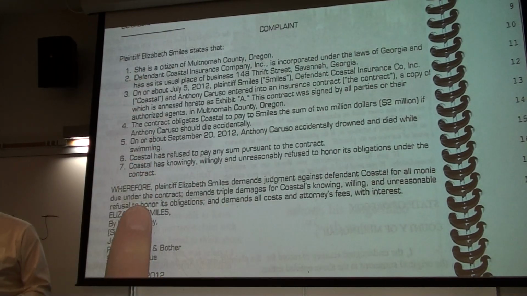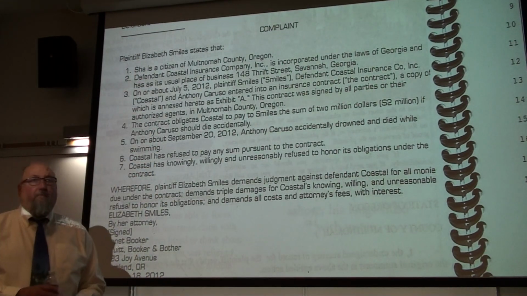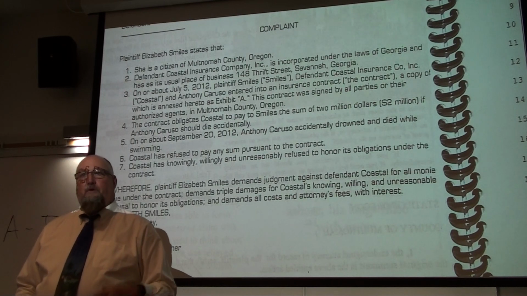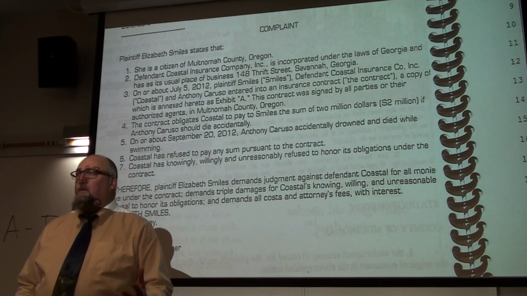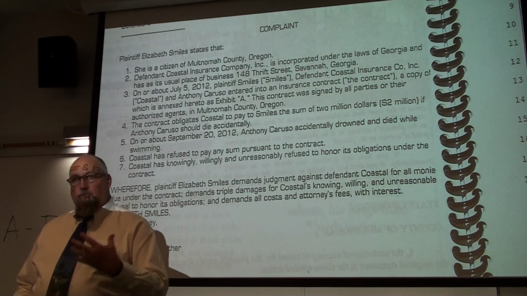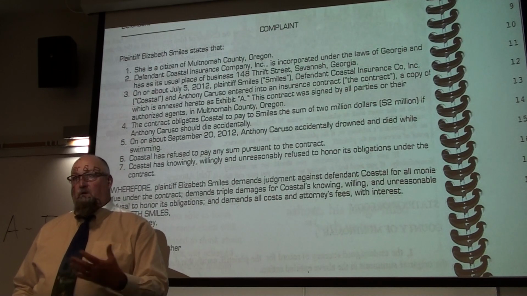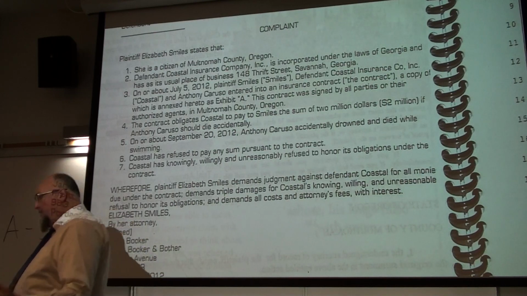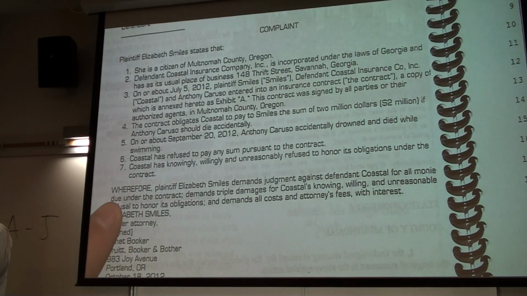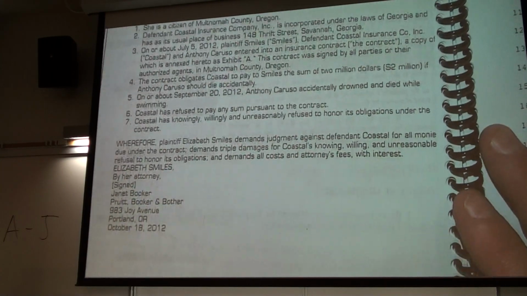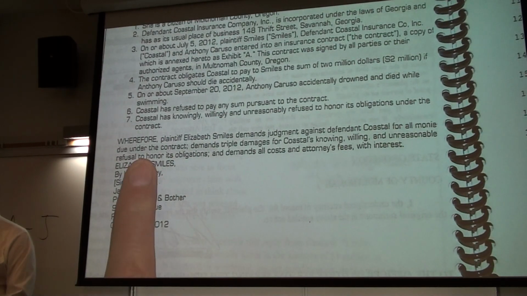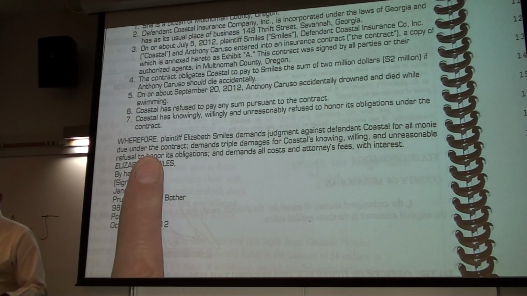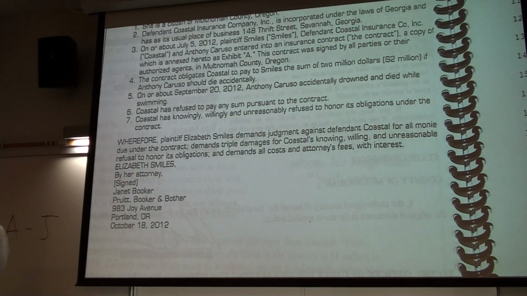So the first 7 paragraphs there, those are the paragraphs that basically set forth the facts, what happened, what led to the complaint being filed with the court, what is alleged to have occurred that was wrongful. And then the second part of a complaint, down here below, this is where you will tell the judge what outcome you want from the court.